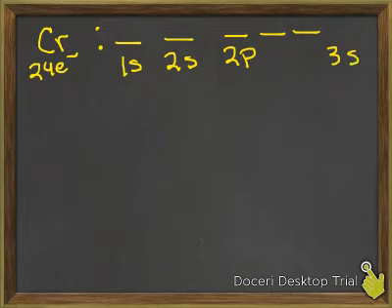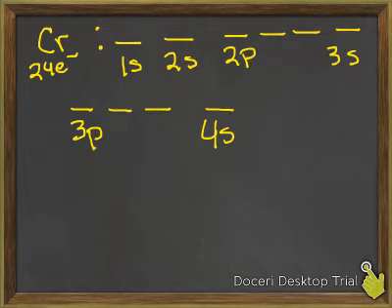How many orbitals? 1. After 3s we're going to do 3p. How many orbitals? 1, 2, 3. After 3p, 4s. How many orbitals? 1. And after 4s, 3d. How many orbitals? 5. 1, 2, 3, 4, 5.